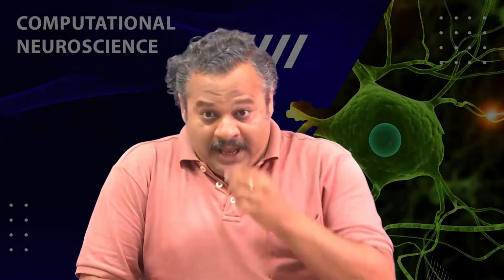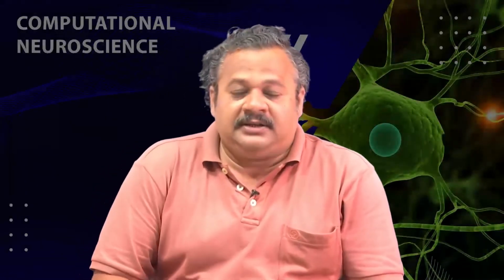Welcome. So we have discussed the anode break excitation phenomena, and we had one more thing to discuss regarding the Hodgkin-Huxley equations and explaining based on the phase plane analysis, that is relative refractory period.